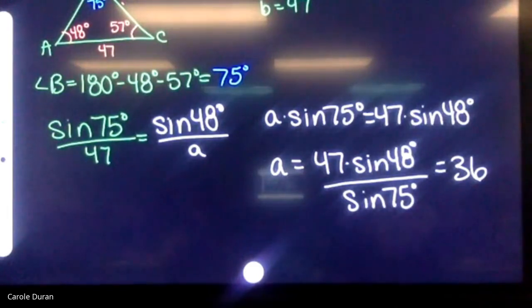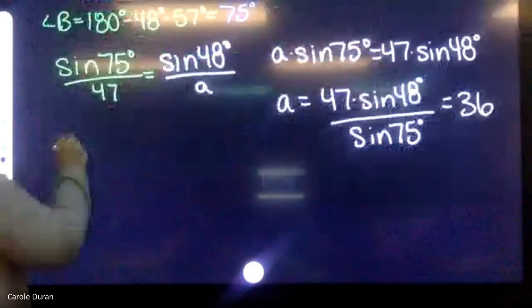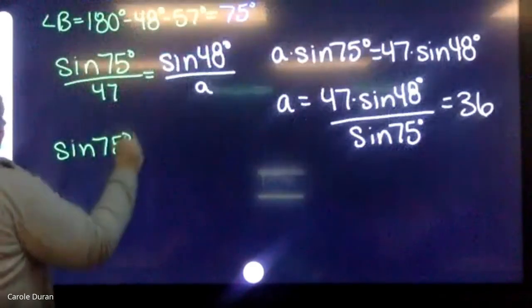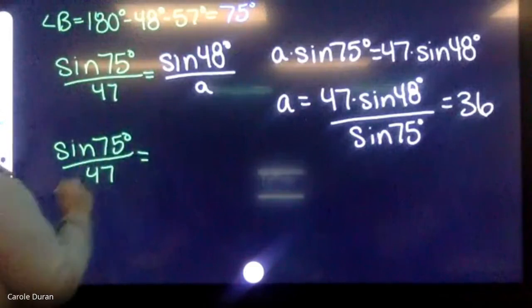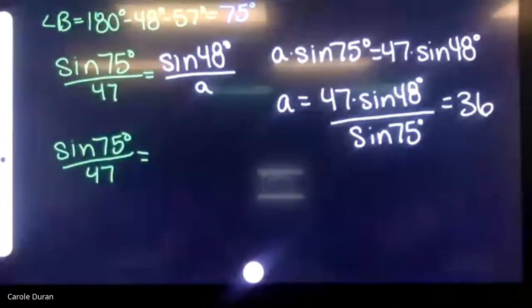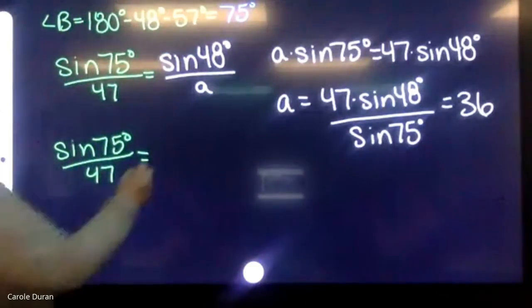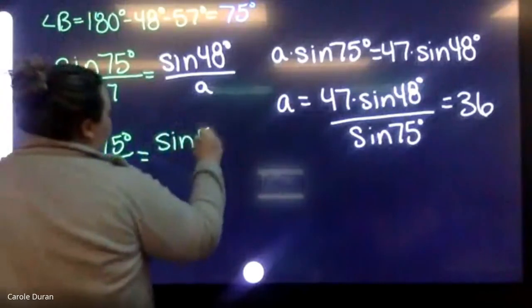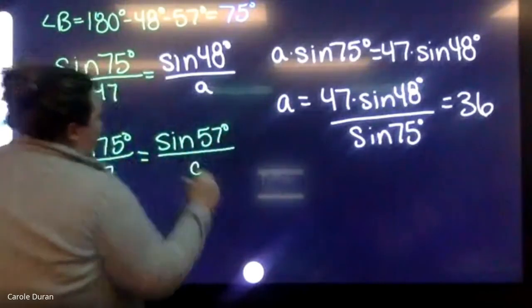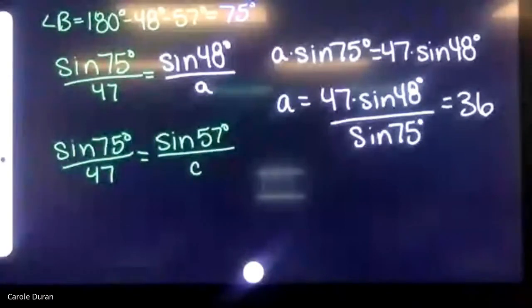I like to keep my originals the same. So setting up for C, I would still use sine of 75 over 47 equals, I know angle C is 57, so sine of 57 over unknown side C. And I'll do the same thing I did before, cross multiply, isolate the C, and then plug it into my calculator.